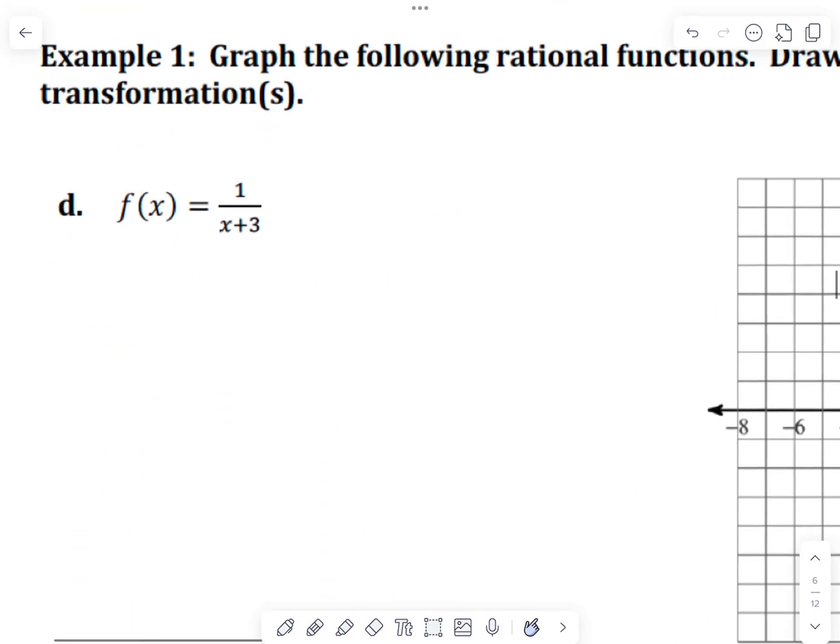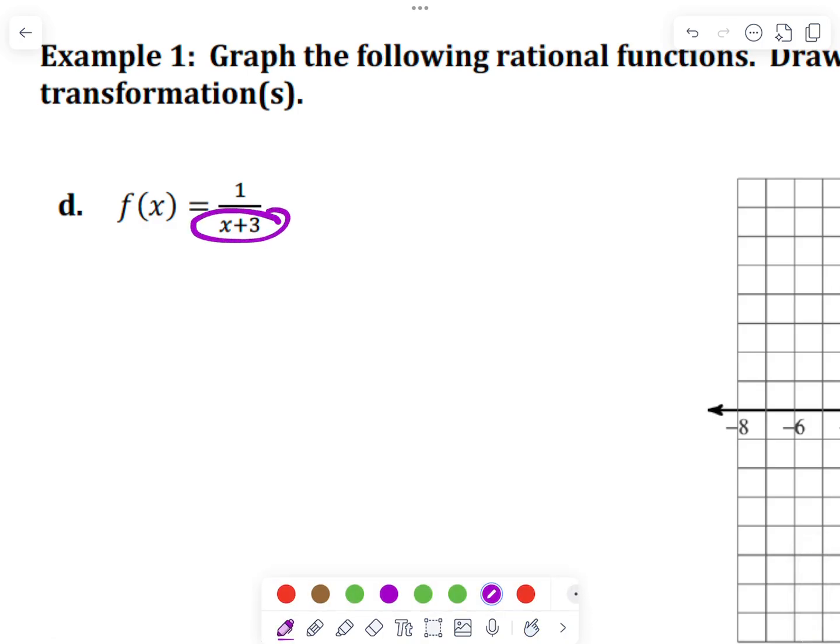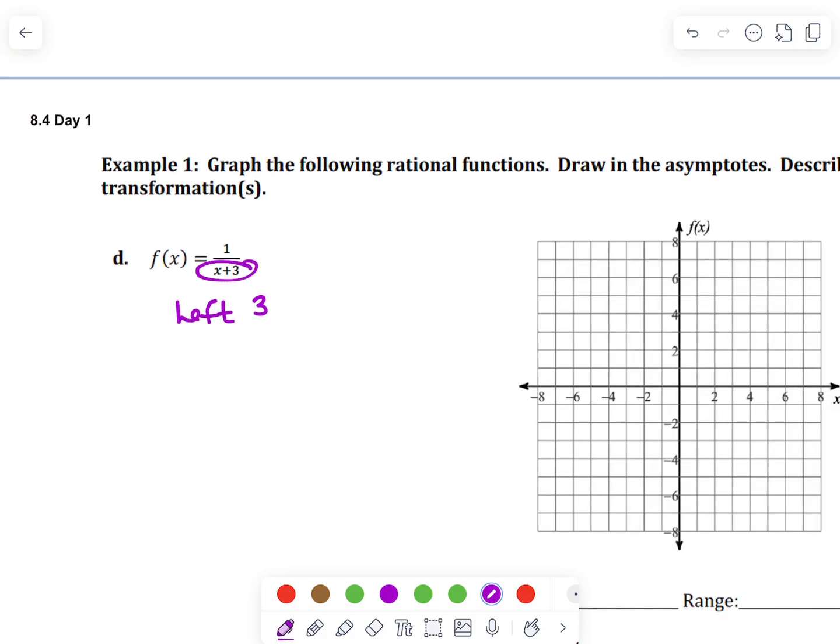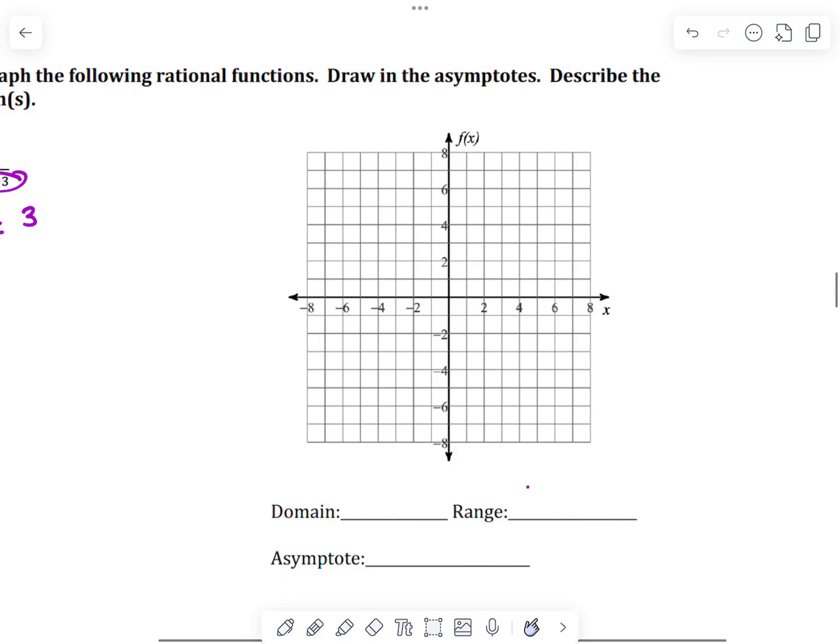All right, our last one. Now we have a +3. So that's going to move it left 3. So we're going to create our vertical asymptote, left 3.